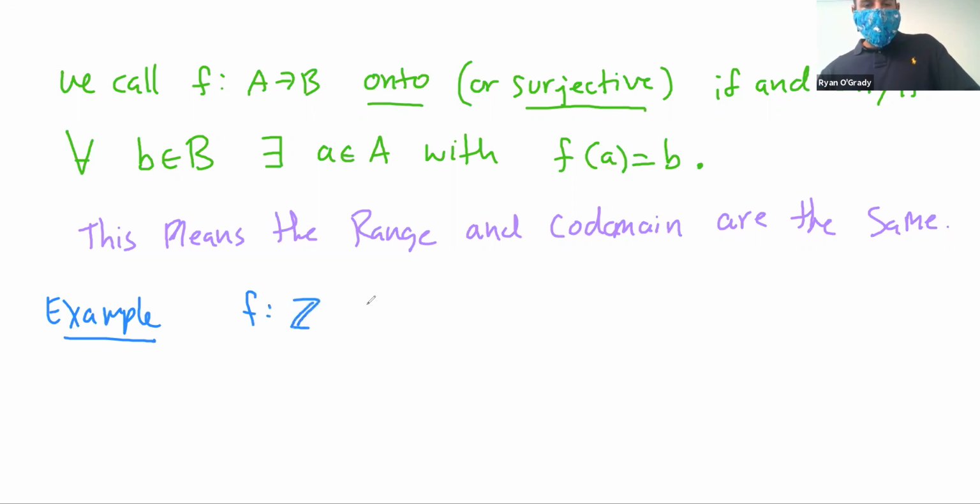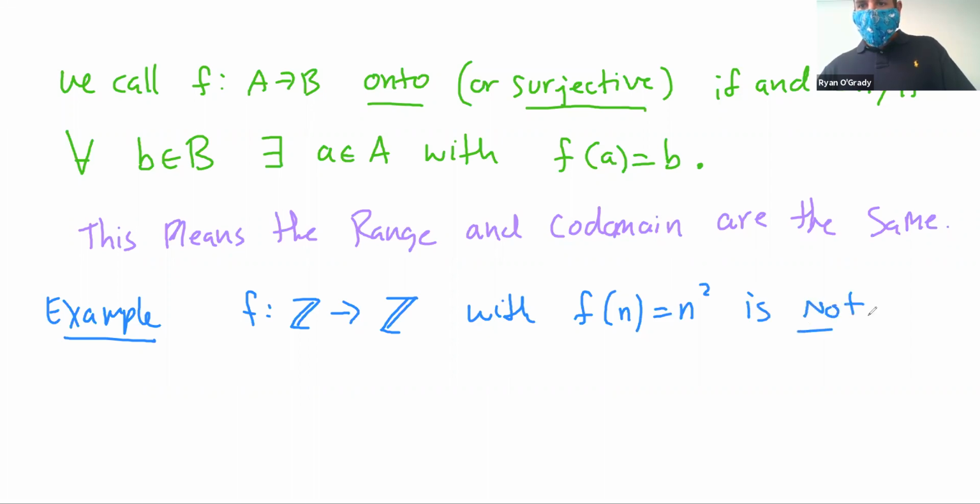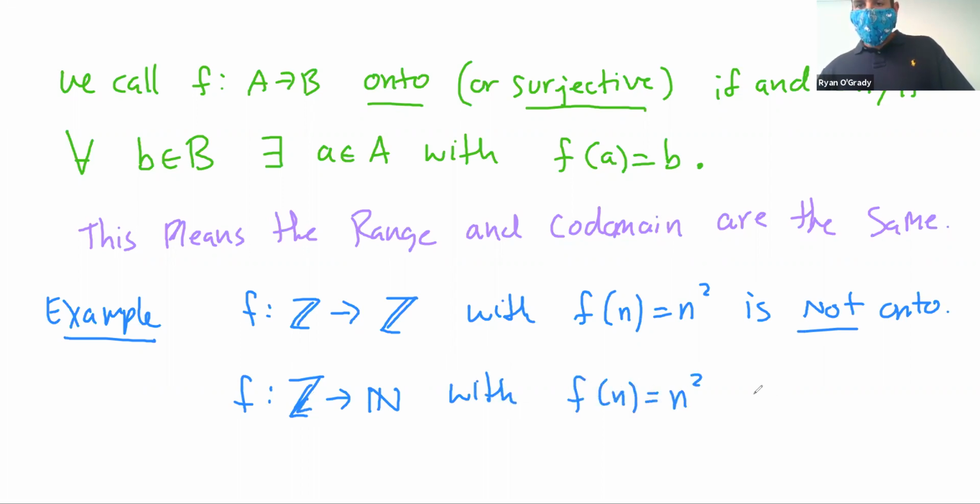If I take f from the integers to the integers, and let's say I say f of n equals n squared again, this guy is not onto. But if I say I'm going to go from the integers to the natural numbers, using the same rule, this is onto.